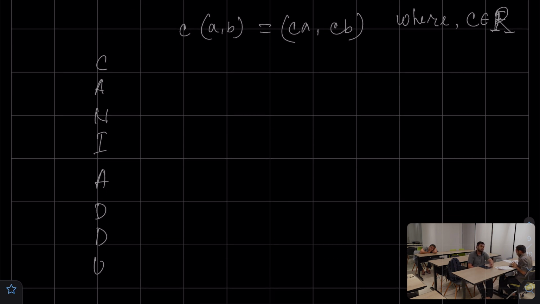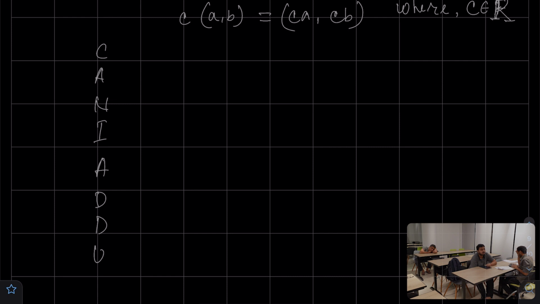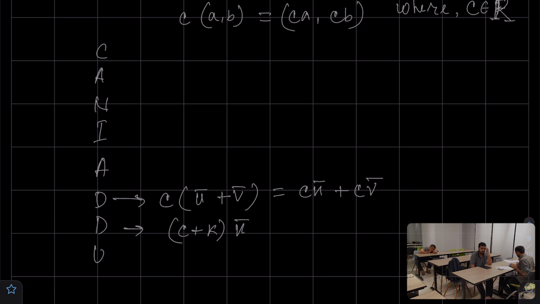Okay, so you can check all these operations like commutativity, associativity, neutral elements, inverse elements, associativity of scalar multiplication, distributivity. So this one is c times vector u plus vector v equals c u vector plus c v vector, and this one is c plus another number k times u vector equals c u vector plus k u vector.